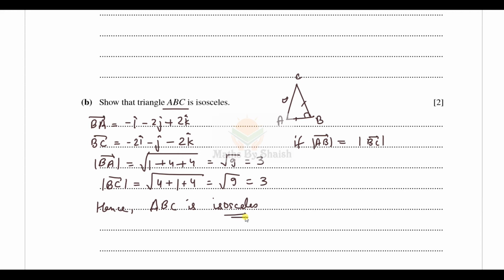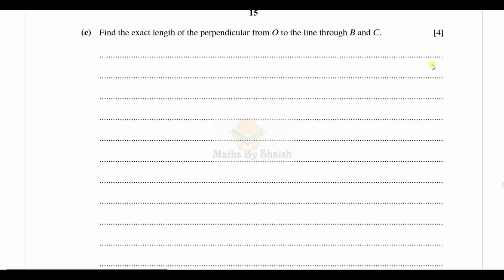In this part, find the exact length of the perpendicular from O, the origin, to the line through B and C. So it is like that. O is here and B is, let's say, here, and C is somewhere here, and A was somewhere here.